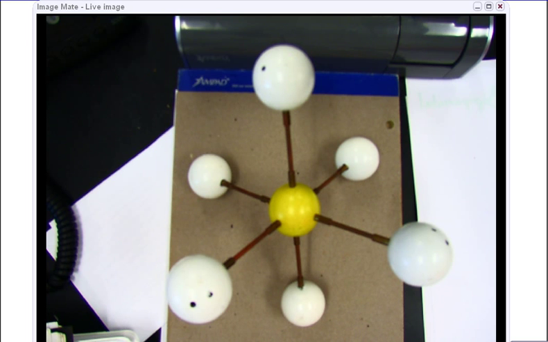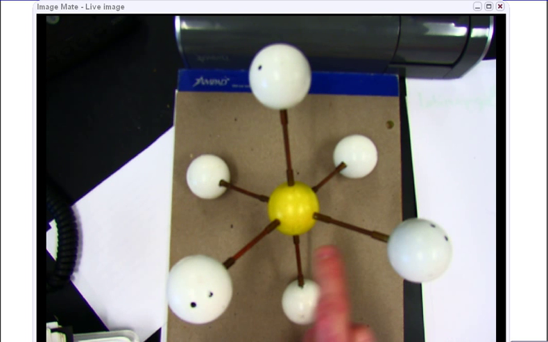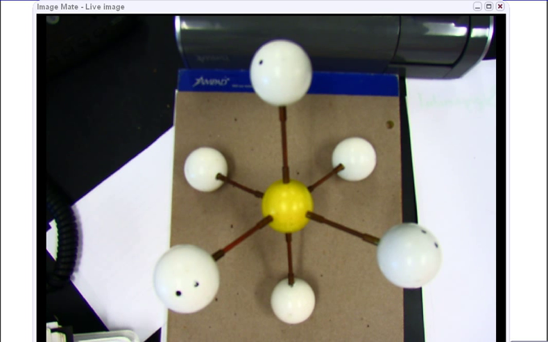This is an octahedral shape. All of the bond angles are 90 degrees between each terminal atom. No matter which way you lay it, you have 4 bonds that lie in the same plane.